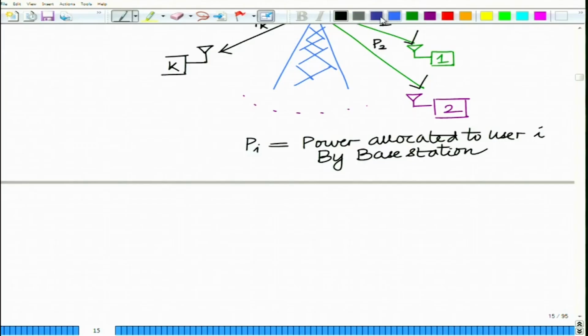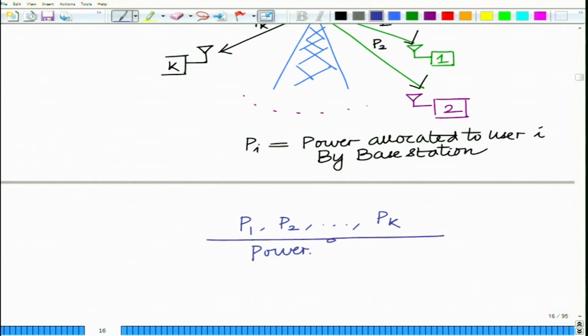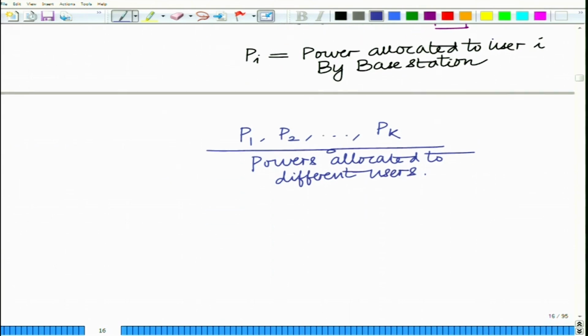So the power that is allocated to the different users, that is P1, P2, up to Pk, these are the powers allocated to different users.